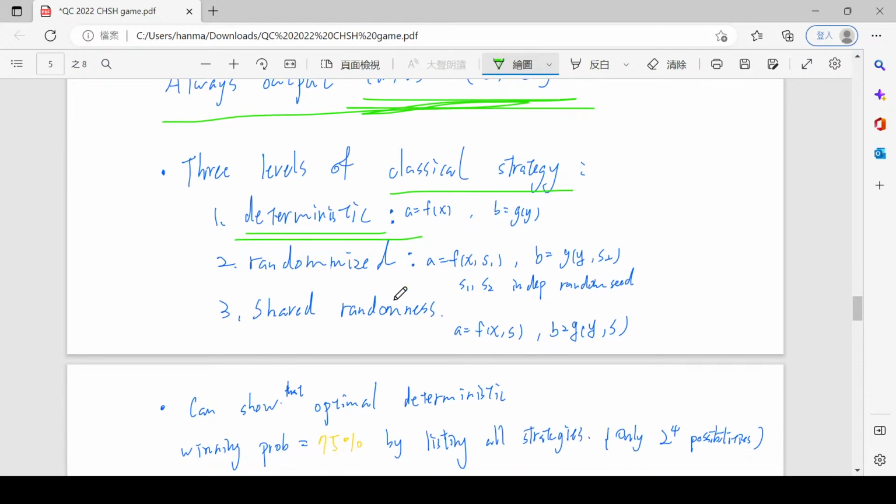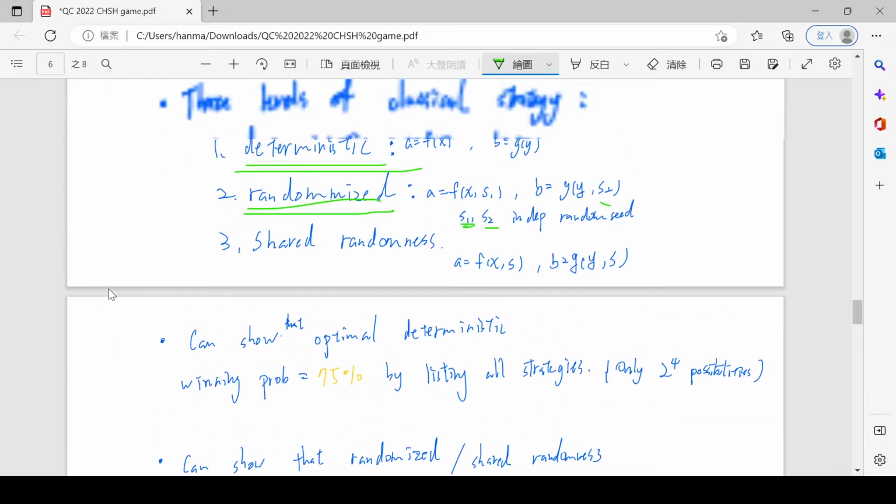And then there will be a randomized strategy, but this is also when Alice and Bob don't have correlation. So Alice can do some randomized strategy, and Bob can do some randomized strategy. Alice's randomized strategy will depend on some random seed S1, and Bob's randomized strategy depends on some random seed S2, and S1 and S2 are independent.